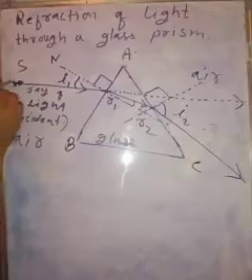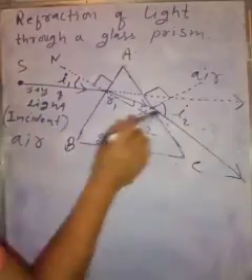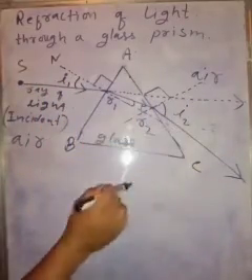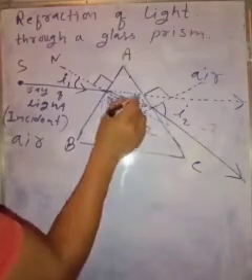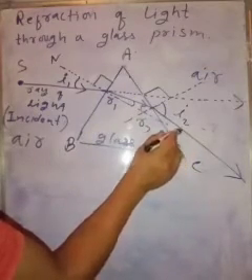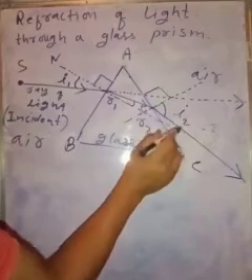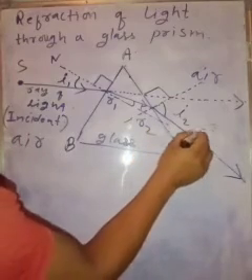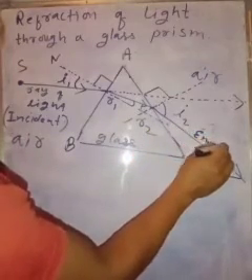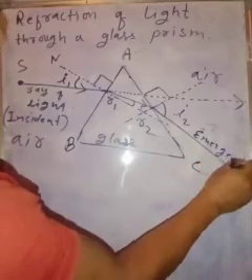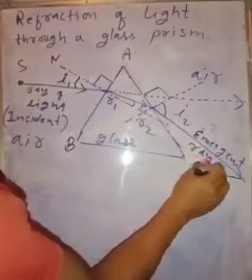First, from the source, it was going in this direction. Finally, after refraction, it will bend the direction. Now if you join this ray of light after refraction, this ray is called the emergent ray of light.